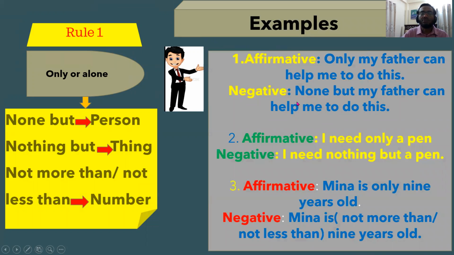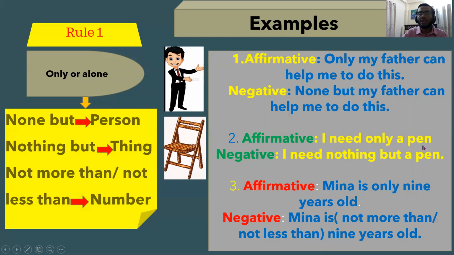In negative form: none but my father can help me to do this. Are you clear? Now, in case of thing: in affirmative, I need only a pen, and in negative form, I need nothing but a pen.